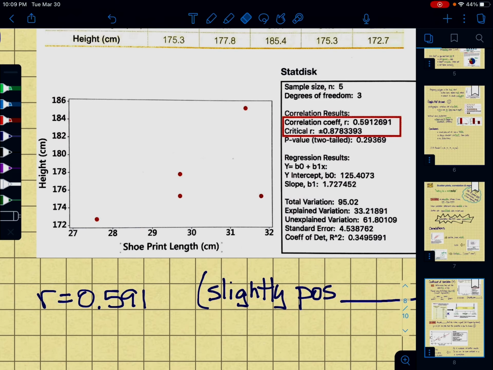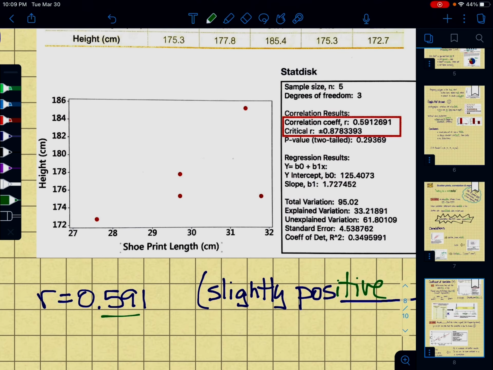Okay. Now we see that the R value up here is 0.591. And that tells us it's slightly positive. Okay, and that there is some slight relationship.